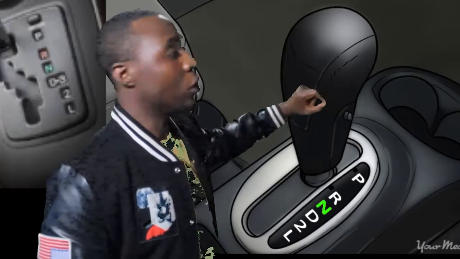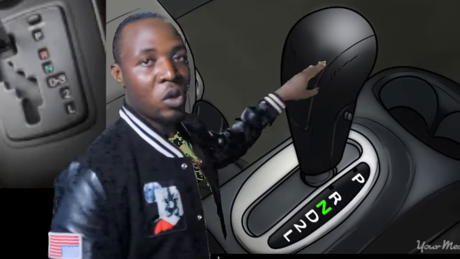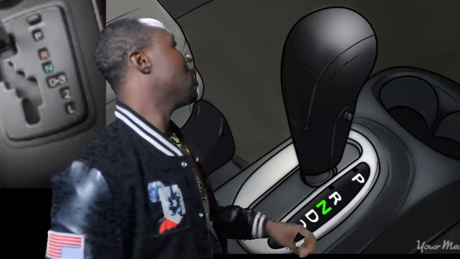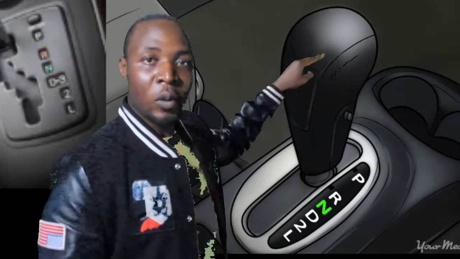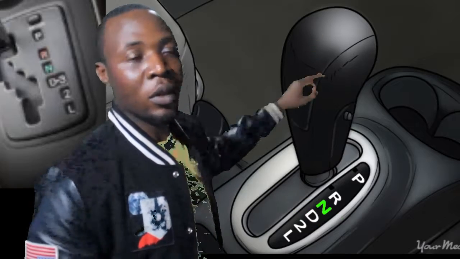Letter P stands for park. When you are parking your car, you make sure you put it at P. Then when you want to start the car again, the selector should be at P, because if the selector is not at P, the car will not be able to start.